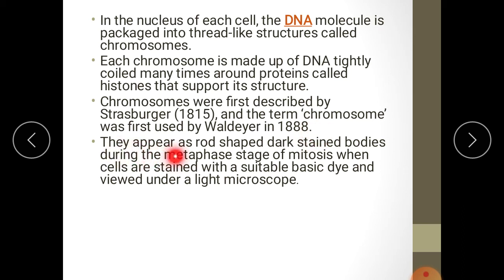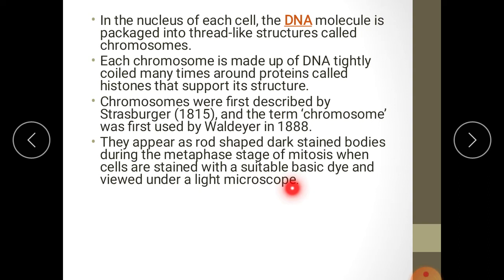They appear as rod-shaped dark stained bodies during the metaphase stage of mitosis, when cells are stained with a suitable basic dye and viewed under a light microscope. So these chromosomes look like rod-like structures.